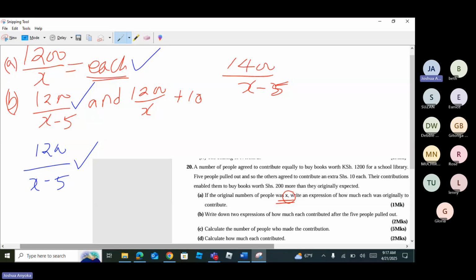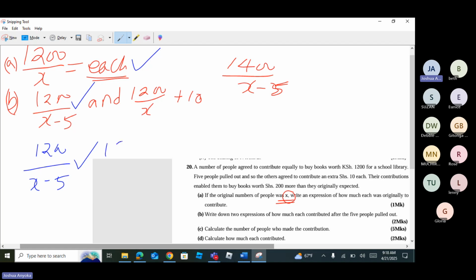Let's move to another statement. So others agreed to contribute an extra 10 shillings each. So if they were to contribute 1,200 over x, let us now increase our contribution for each by 10 shillings.